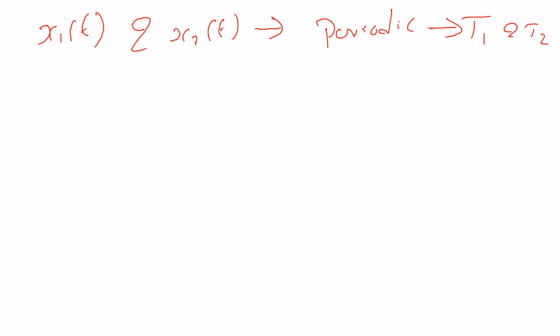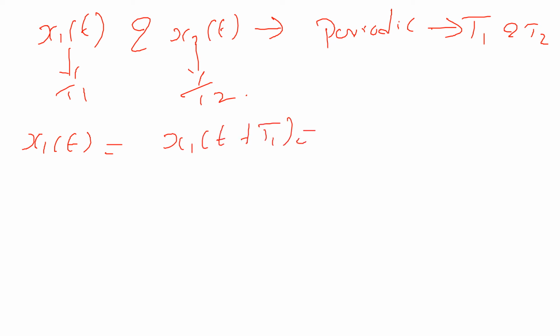According to the definition, x1 of t plus m times T1 is equal to x1 of t, where m is a positive integer. This is the definition of a periodic signal.